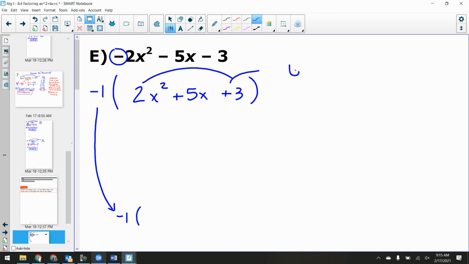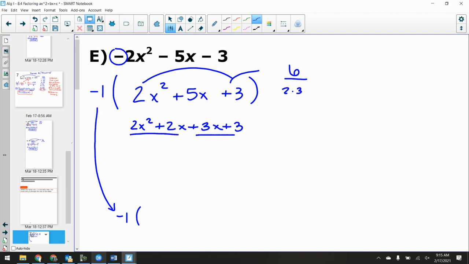2 times 3 is 6. What are the factors of 6 that add to get to 5? 2 and 3. We just multiplied them together. Okay. Rewrite that middle term.